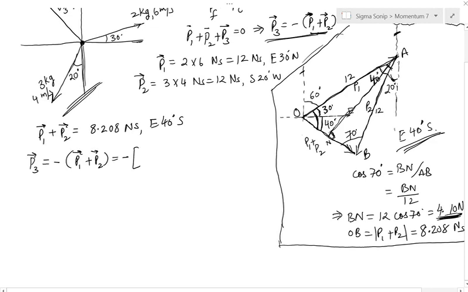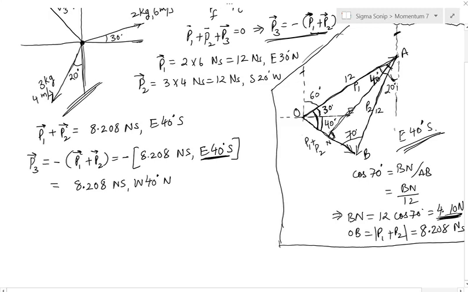That gives you minus of 8.208 Newton second east 40 degrees south. That gives us 8.208 Newton seconds, and I just need to reverse this direction, and we already know how to do this. I'll replace east with west and south with north, so that becomes west 40 degrees north.